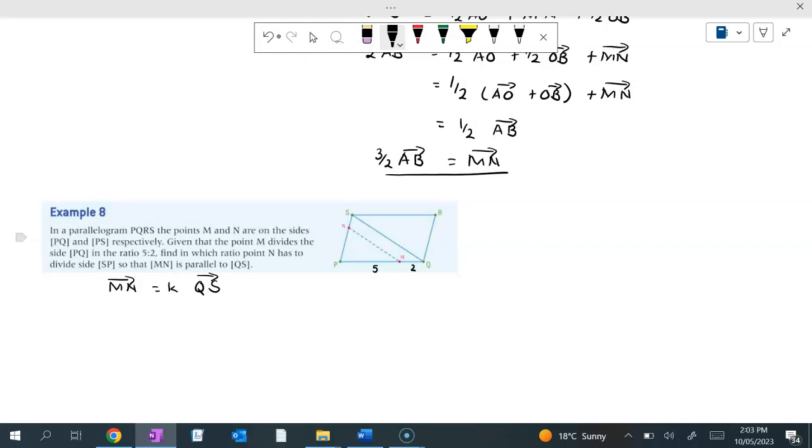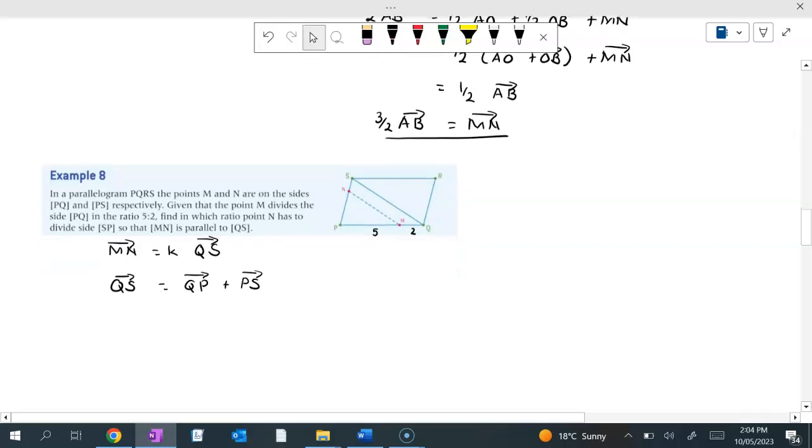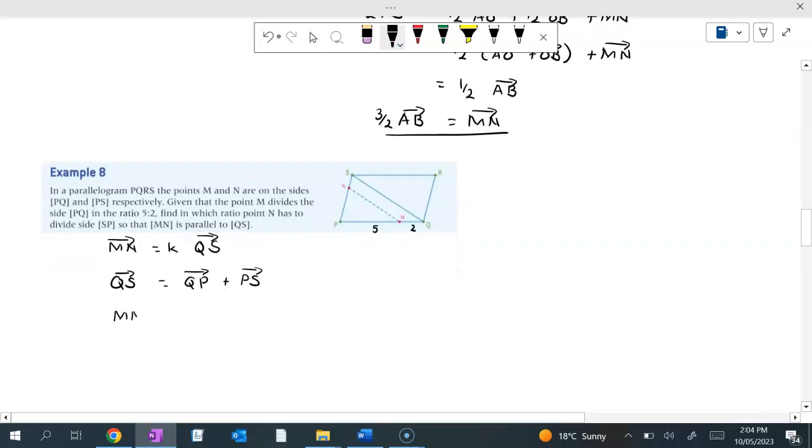So they're assuming that they're parallel, so MN has to be equal to some number times QS. And QS is equal to QP plus PS. While MN is equal to MP plus PN.